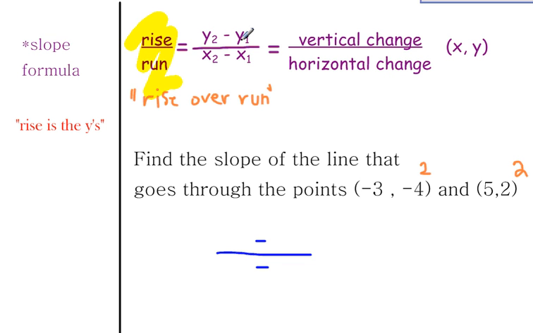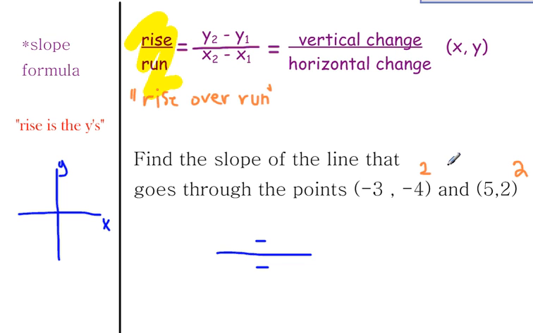But that doesn't work for our formula. Rise is the y's, because I'm talking about the vertical change, which are the y's, and the horizontal change, which are the x's. That's my third definition over here. Vertical change, which are the y's, horizontal change, which are the x's.